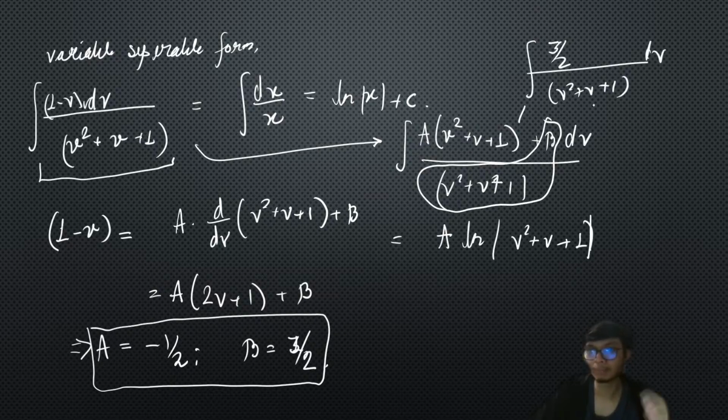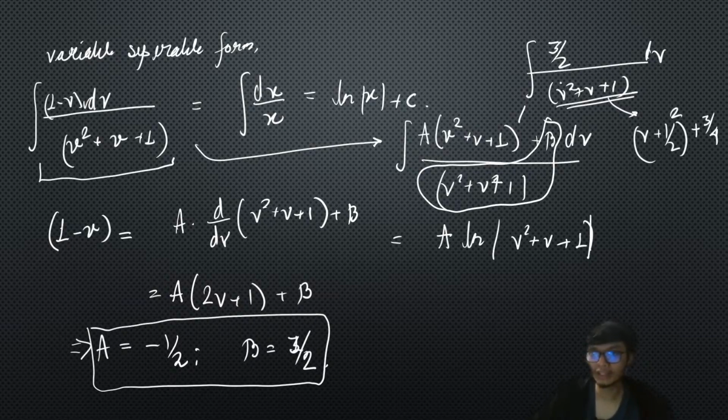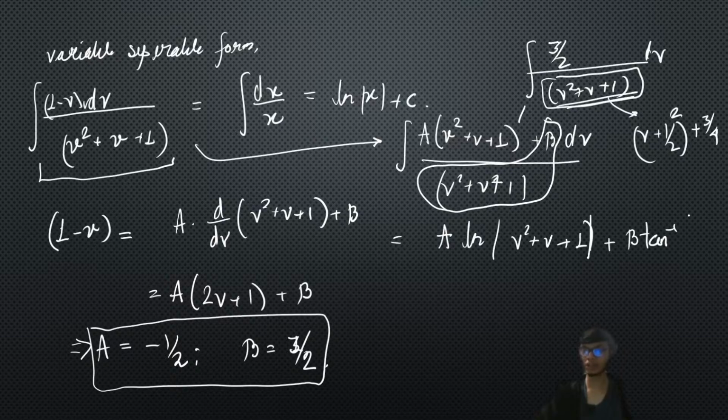Now if we make it a perfect square, v square plus v plus 1 becomes v plus 1 by 2 whole square plus 3 upon 4. So we can simplify the denominator and write like this. The advantage of doing this is that we can simplify it in the form of 1 upon x square plus a square. That gives me b times tan inverse of v plus 1 by 2 divided by root 3 by 4, plus some constant c.